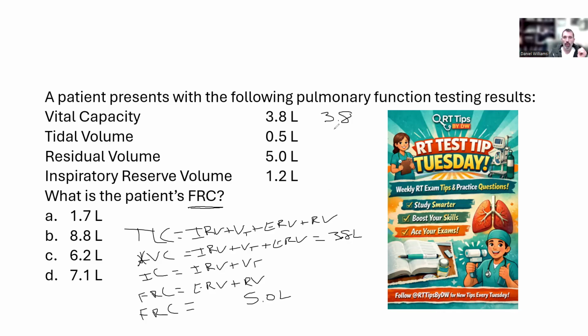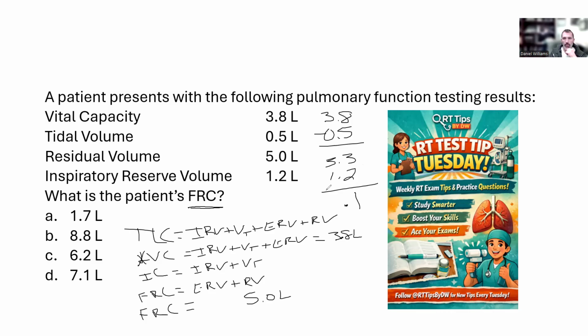The only thing lacking here is expiratory reserve volume. So if you take 3.8 and subtract from that our tidal volume, which is 0.5, that'll bring us to what, 3.3? And then if we subtract from that also our inspiratory reserve volume, which is 1.2, do the subtraction. 3 minus 2, obviously 1.